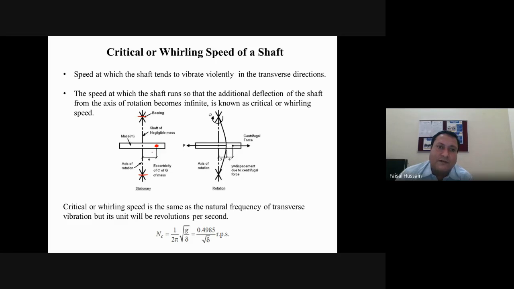So when the shaft rotates, for example, these are your bearings.